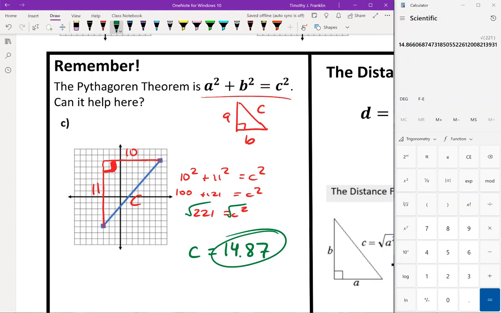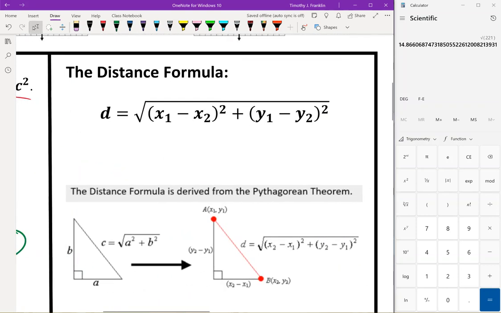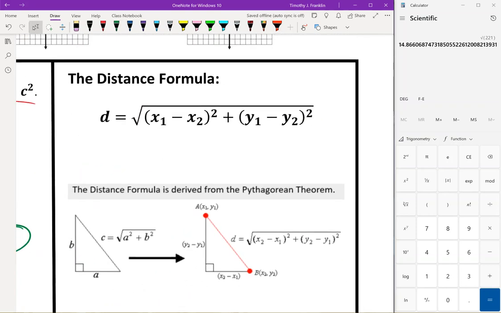Okay, and this is the whole concept behind the distance formula, that if you have any 2 points on the graph, you can find the distance between them by using the Pythagorean theorem. And so the distance formula, which is this right here, the square root of x1 minus x2 squared, plus y1 minus y2 squared.